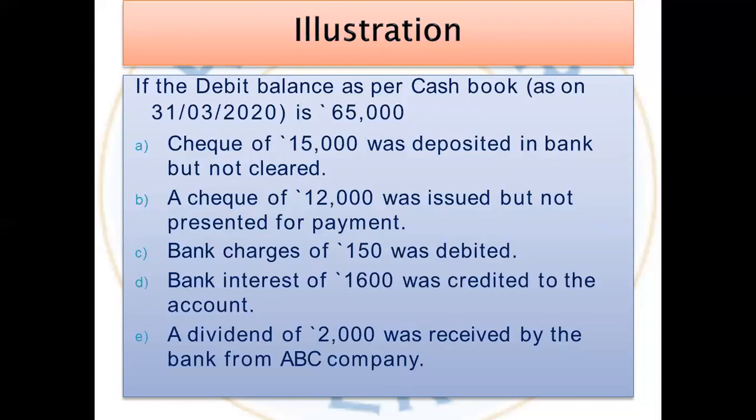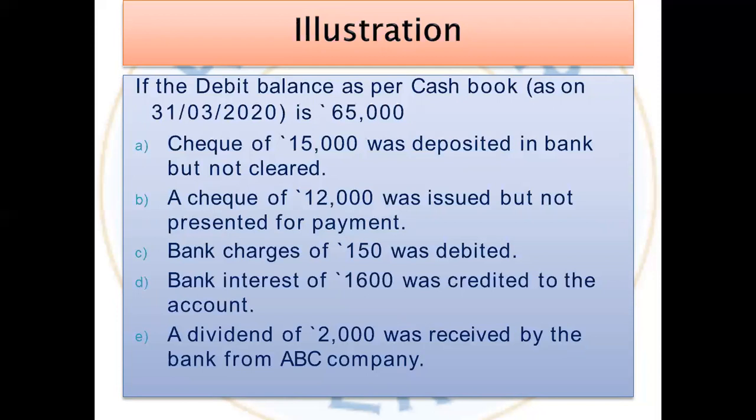Means somebody gave you the check in your bank, but it is not cleared so far. Next is, a check of rupees 12,000 was issued but not presented for payment. Means you gave someone a check, but that party has not put it in their bank, so it is not deducted from your account also.